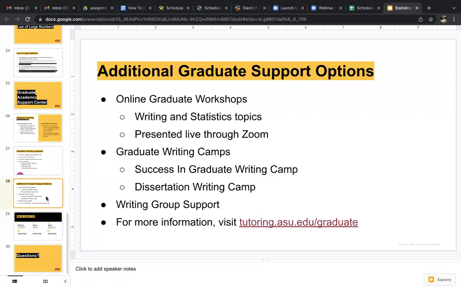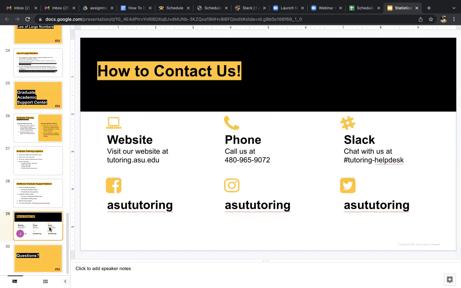If you need more information, the easiest way is tutoring.asu.edu/graduate, which has all our information on how to book appointments and find out about our other services.